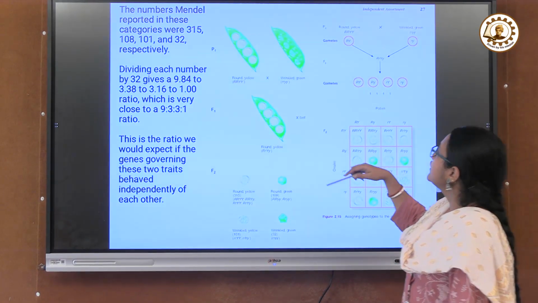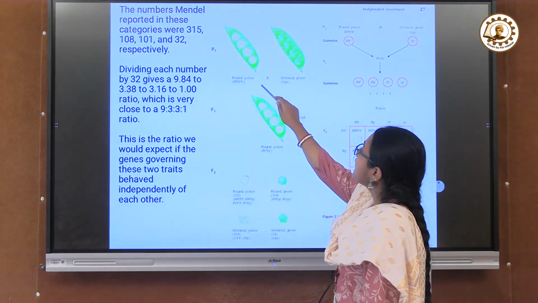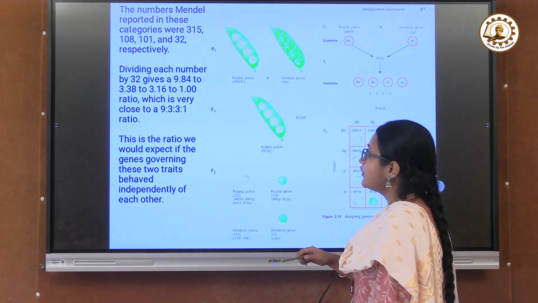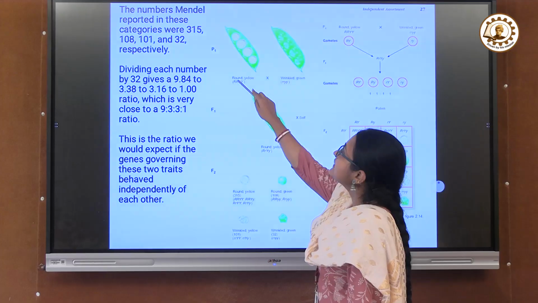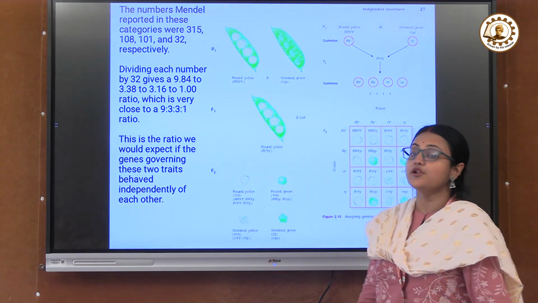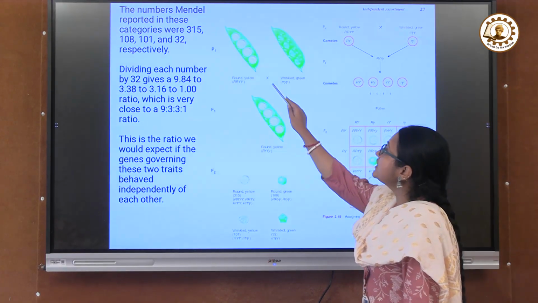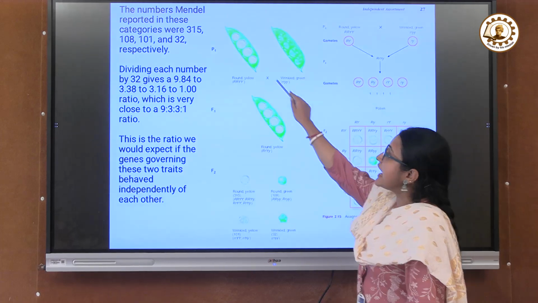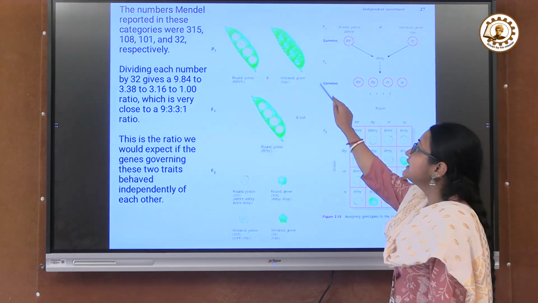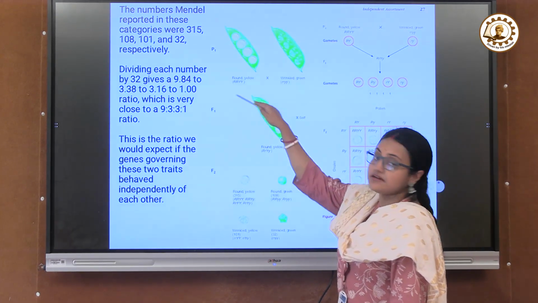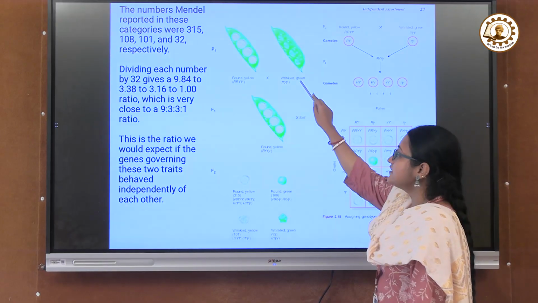This is the cross. You can see this is round and yellow. The shape is round and the color is yellow. Round shape is dominant over wrinkled shape, and yellow color is dominant over green color. So these are the dominant alleles and these are the recessive alleles.